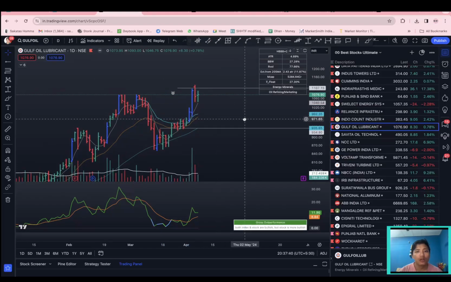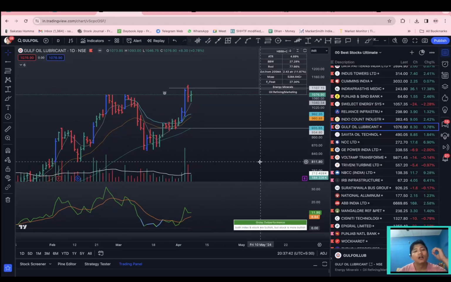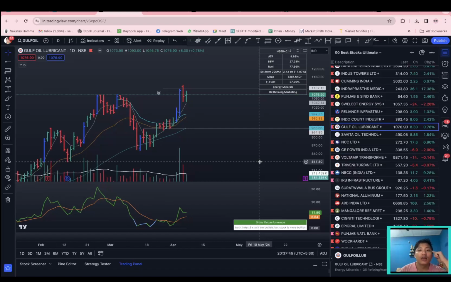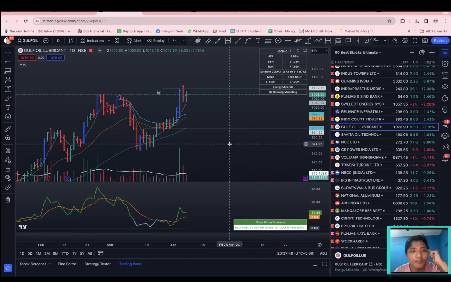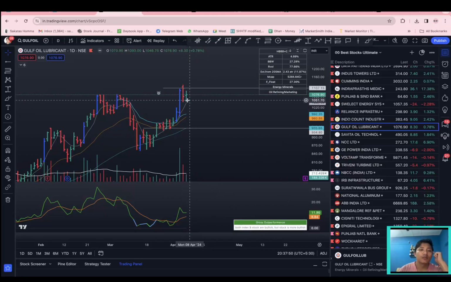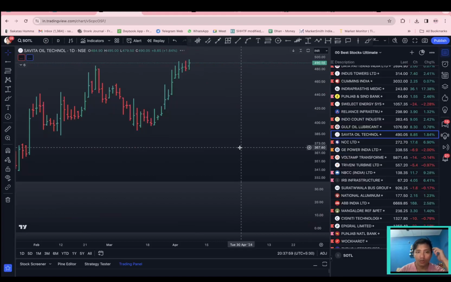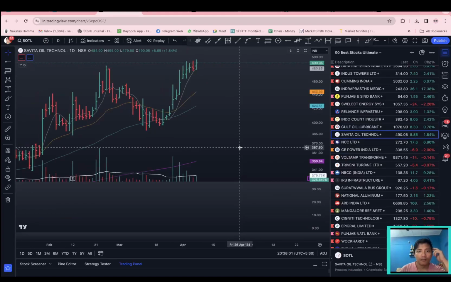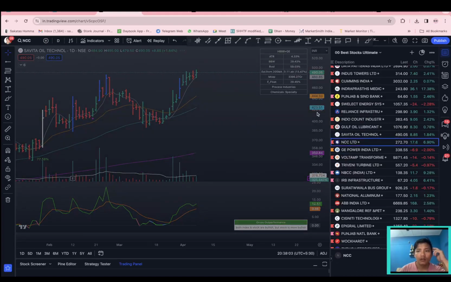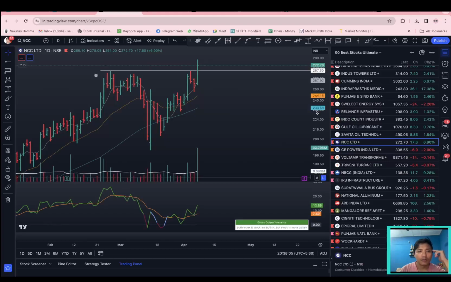If you want to add some more TA tools to that, it is basically the pullback whenever it comes to the 5 MA or the 10 MA or sometimes even the 20 MA, that it becomes more ready. So that is something which you can also inculcate in this one.